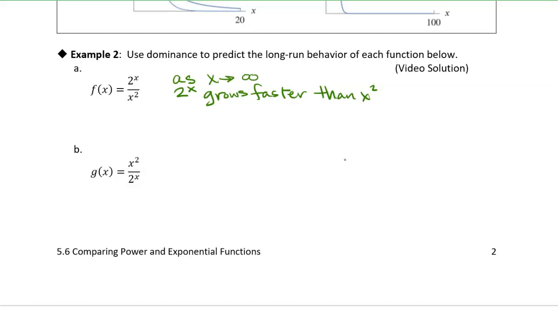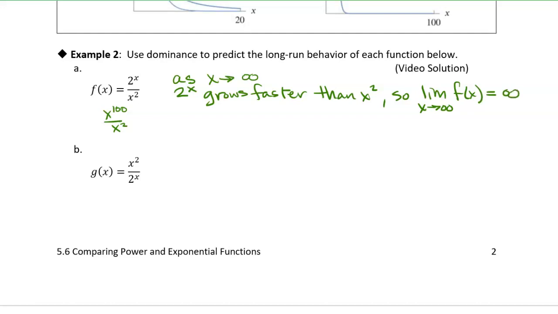Just the same way that if we had x to the 100 over x squared, we'd have x to the 98, and as x goes to infinity, it would go to infinity. So we're going to predict that the limit as x goes to positive infinity of this function f of x is equal to infinity.